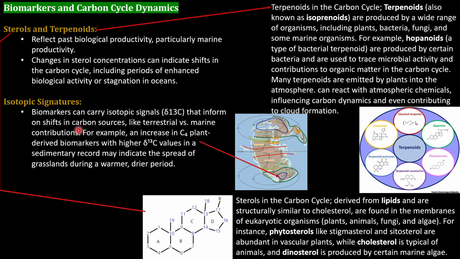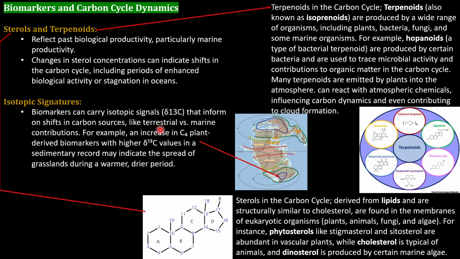By this study, we can interpret what the past climate was. For example, you can see Pangaea and the overall ocean of Panthalassa. If you study the biomarker of the carbon, it will give the cold climate.